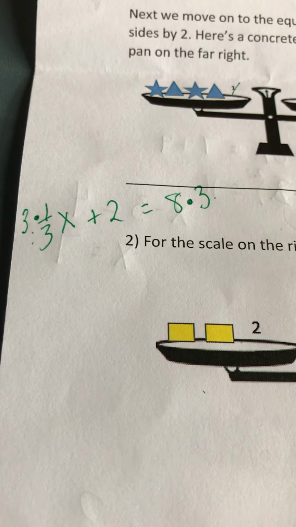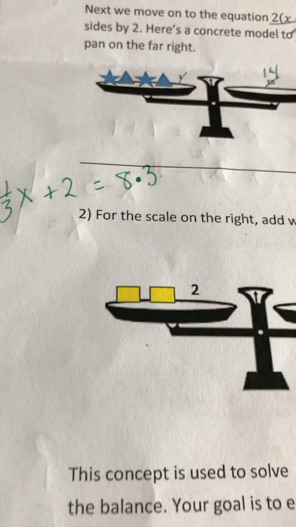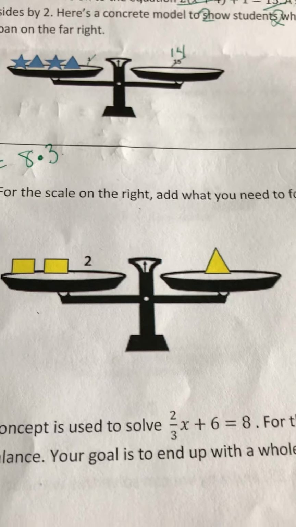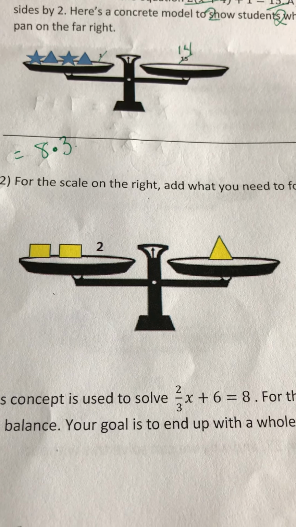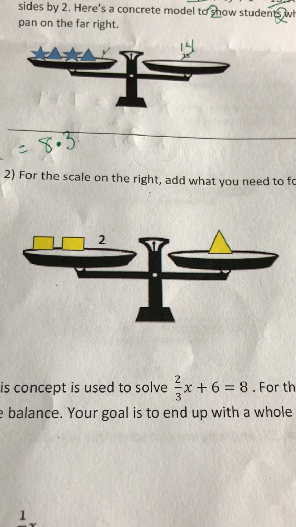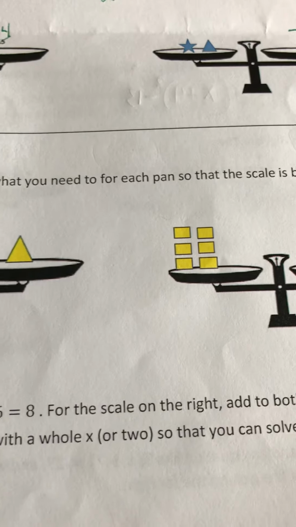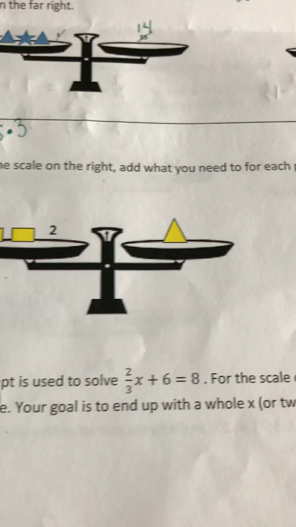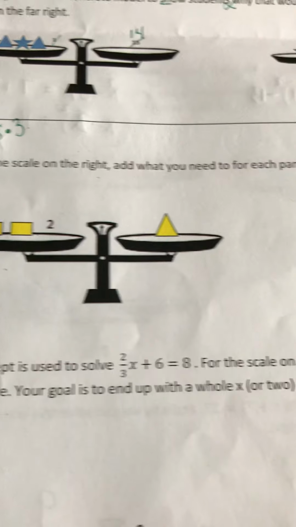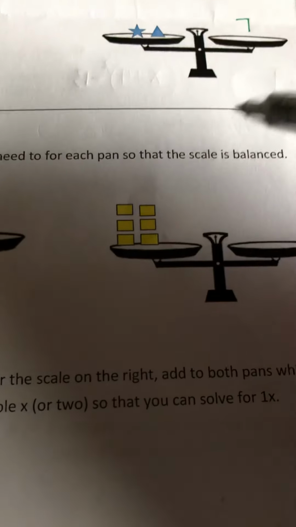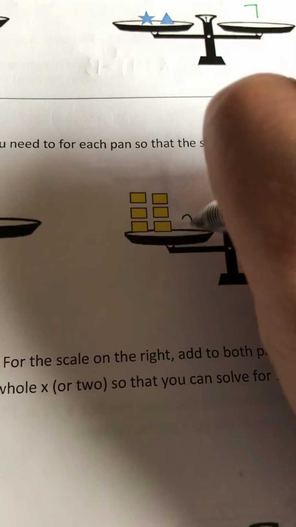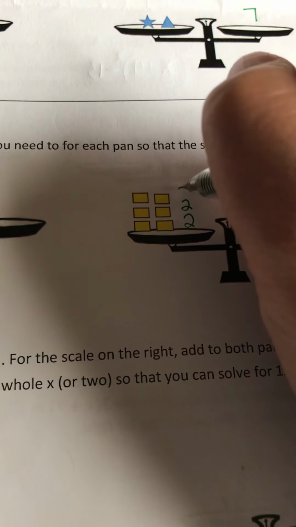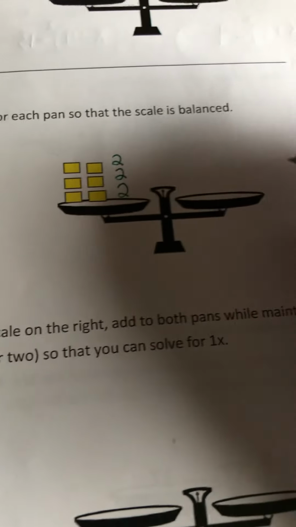So to help improve conceptual understanding of why you can't do that, I started with an equation that's in balance. And then notice on the next scale, I tripled the x, I tripled the cube. Well, if I want to keep this in balance, I have to triple everything.